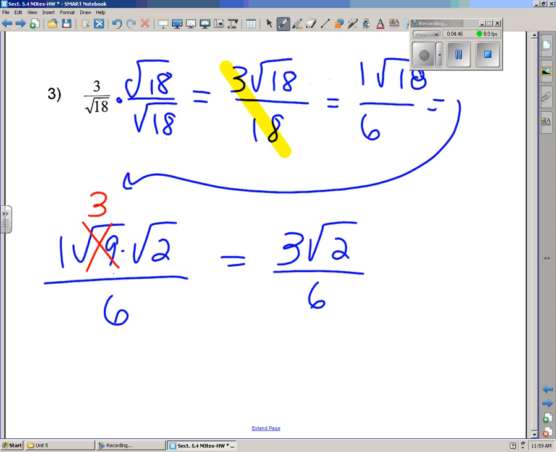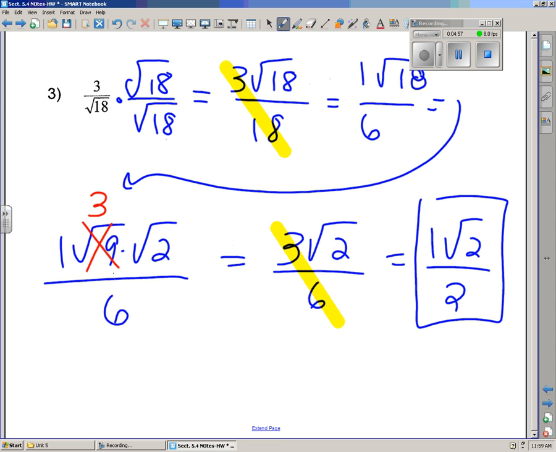Square root 2 over 6. And again, I've got these numbers outside the square root that simplify. And then that becomes 1 square root 2 over 2, because 3 over 6 is 1 over 2. Again, if you don't want the 1 outside the radical, you don't need it. It can be there, it cannot be there, it doesn't make a difference.